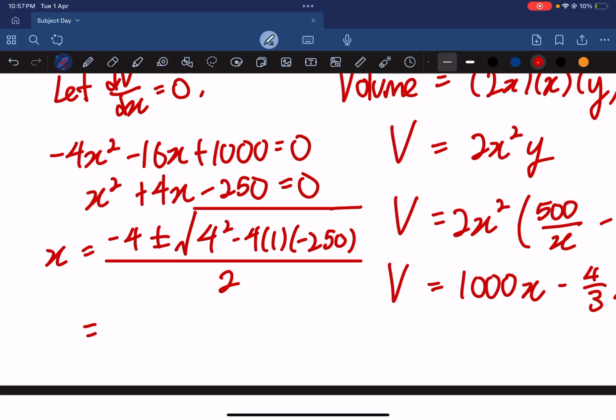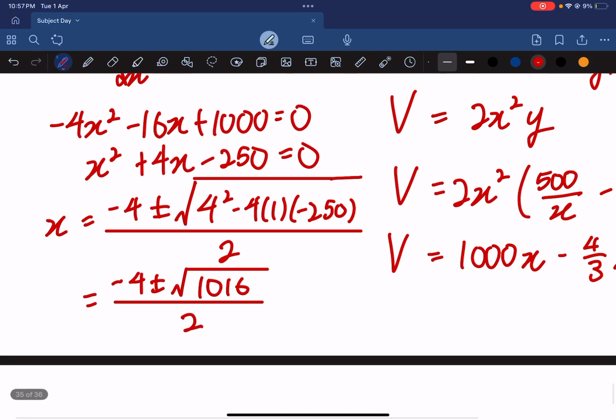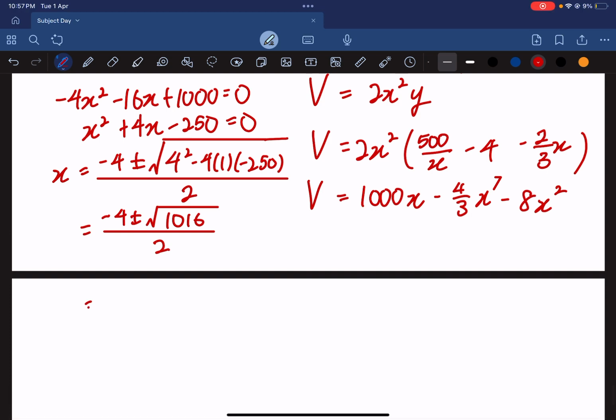Simplify everything, x is negative 4 plus minus square root, evaluate this square root, I should get 1016, the whole thing divided by 2. Then you should get 2 answers. If I put it as 5 SF for intermediate working, 13.937 or negative 17.937, and I reject x being a negative value since x is always strictly positive.